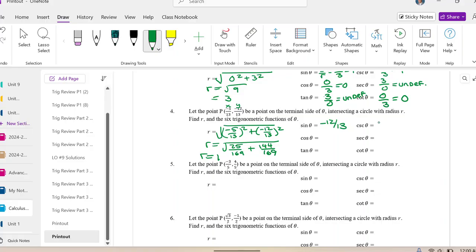The cosecant is the reciprocal, which would be negative 13/12. The cosine is the x value. The secant is the reciprocal. The tangent, you're going to take negative 12/13 divided by negative 5/13, which means you're going to get 12 over 5. And the cotangent would just be the reciprocal of that, which is 5 over 12.